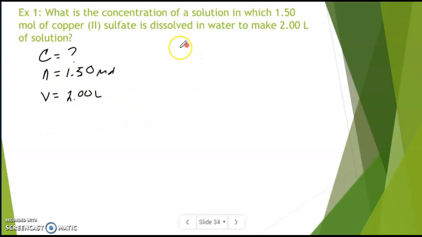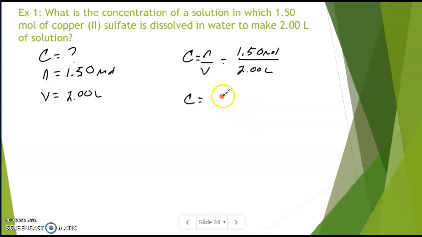To find the concentration, we use our formula, C equals N over V. We take our variables: N is 1.50 moles over the volume of 2.00 liters, and we get a concentration of 0.750 moles per liter.